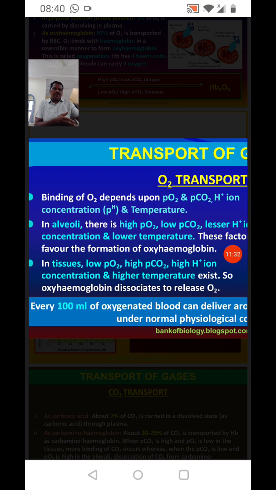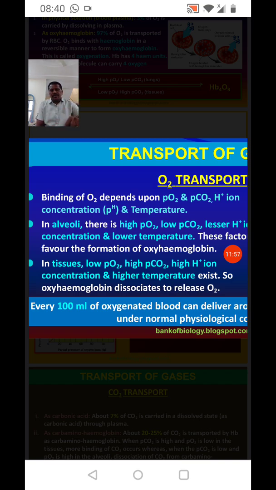The place where partial pressure of oxygen is low, there oxyhemoglobin dissociates into hemoglobin and oxygen. Due to this nature, oxyhemoglobin keeps on transporting the oxygen from lungs to tissues.